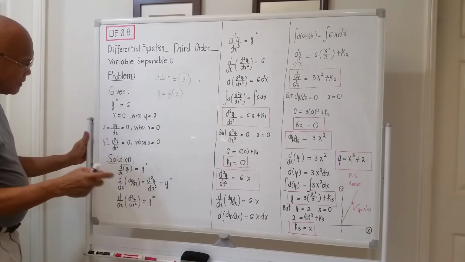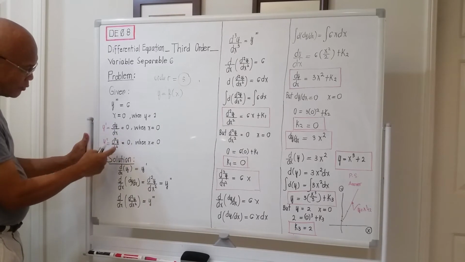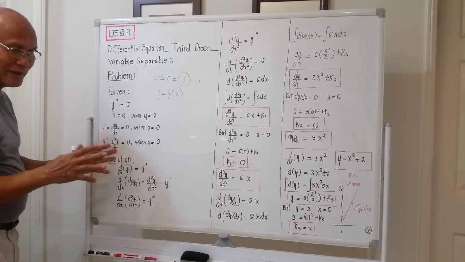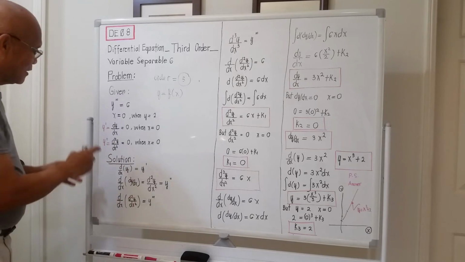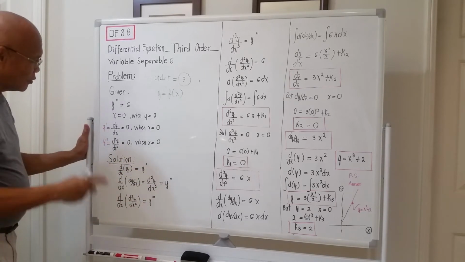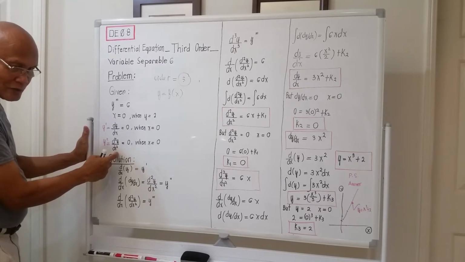But I know for a fact that y prime is dy/dx and y double prime is d square y over dx square. Without knowing the relation of these, you will be lost. So I'm telling you, y prime is dy/dx, y double prime is d square y over dx square.